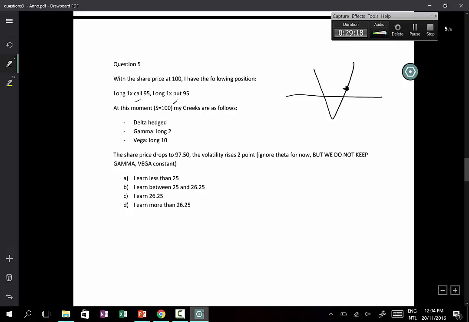The share price is 100. Now you are delta hedged. You are long gamma, and you are long Vega.